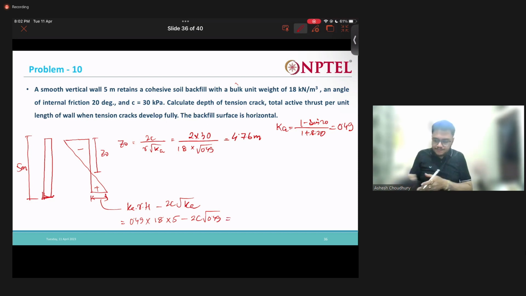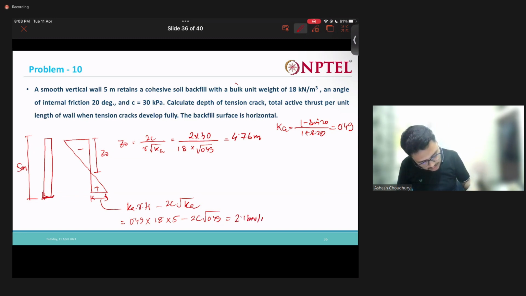Find it out. It is 2.1 only, very less. So tension cracks do develop, right? So this upper portion won't come into the picture, and we will take the area of this bottom triangle.